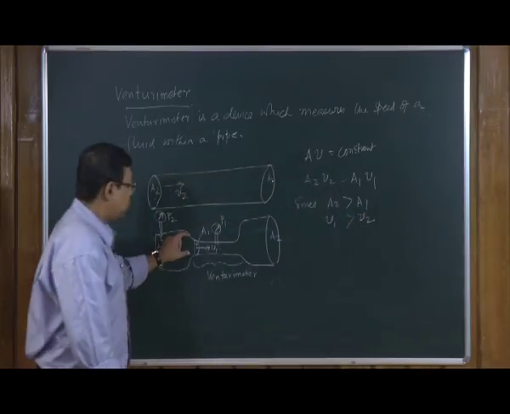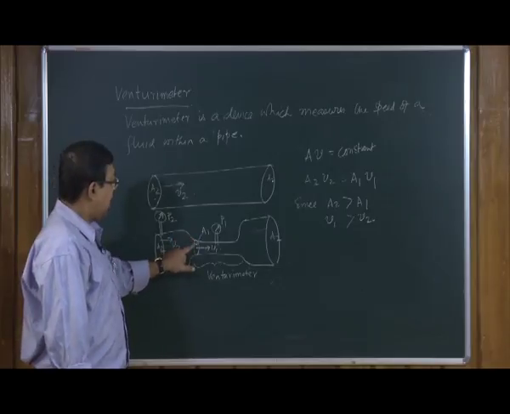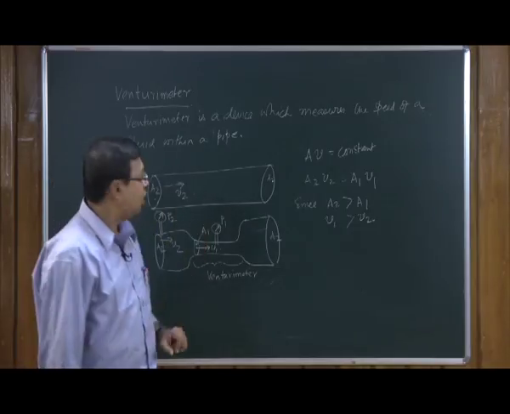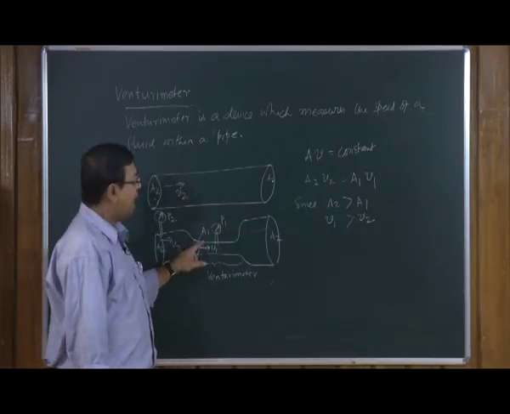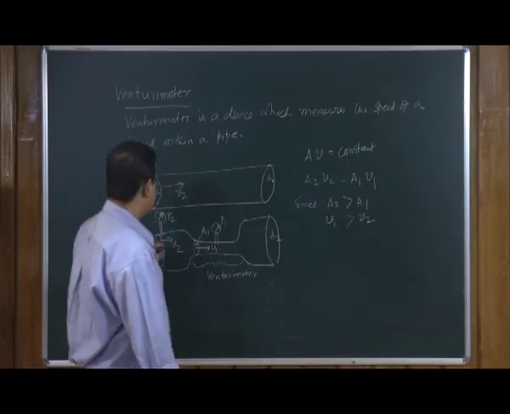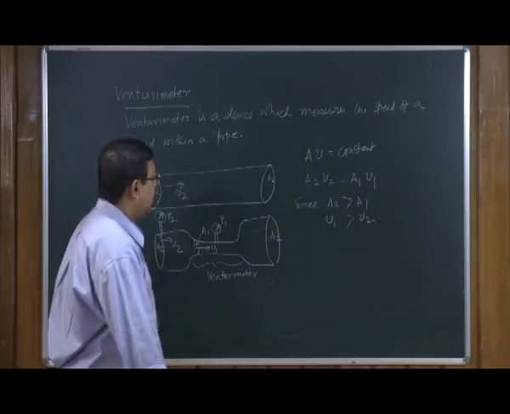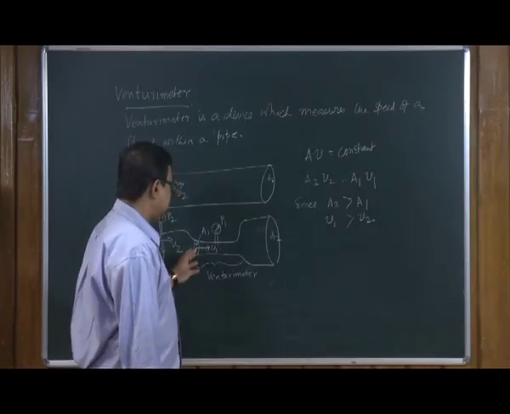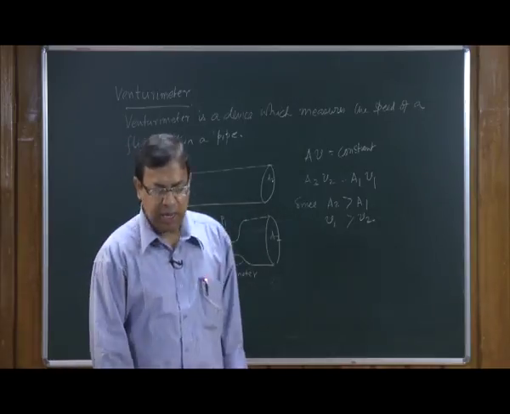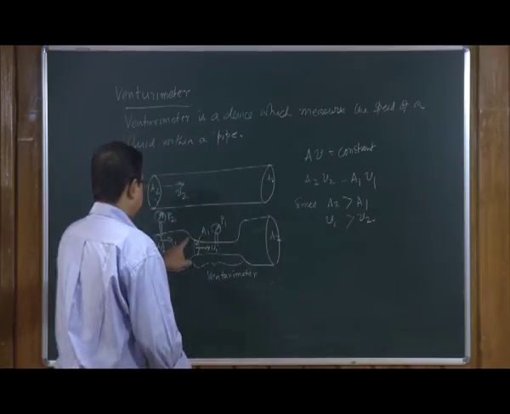So, the speed of the fluid as it enters the constriction will be larger than the speed of the fluid at other parts. Because of this, the pressure falls here.